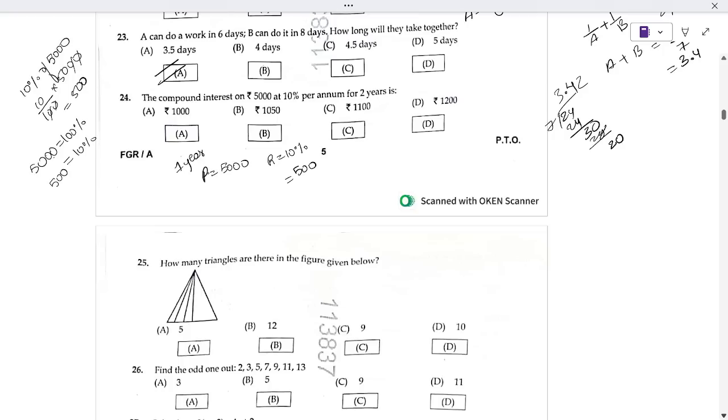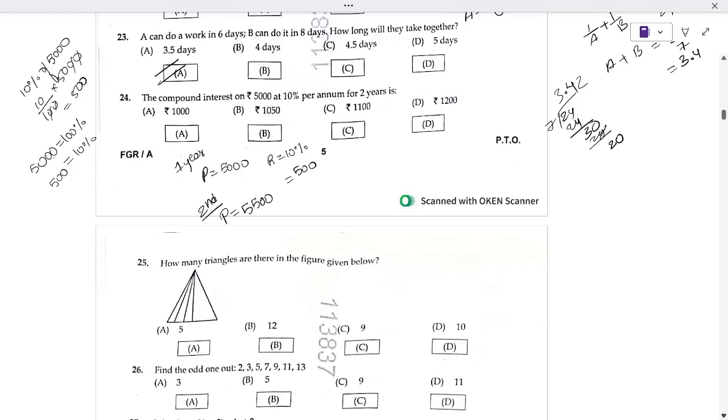Now next, compound interest, for the second year, since it is 2 years, the principal will not be 5,000, this will be 5,500, interest of day 1 plus principal.